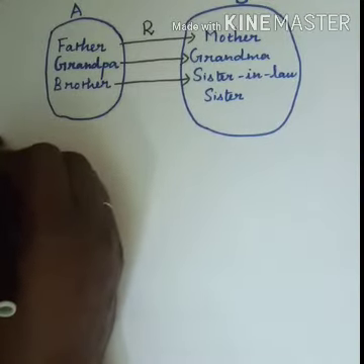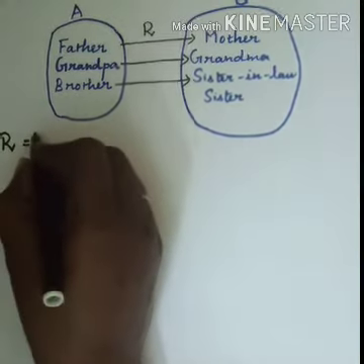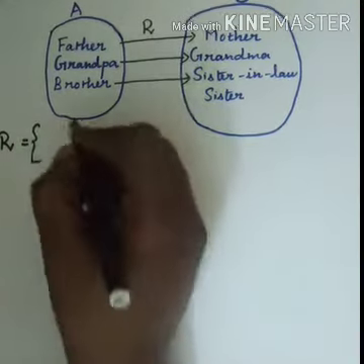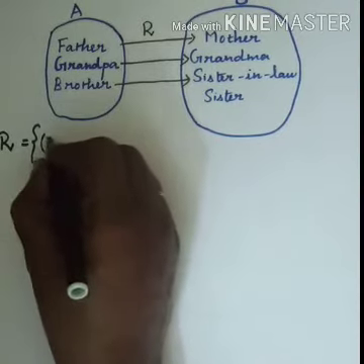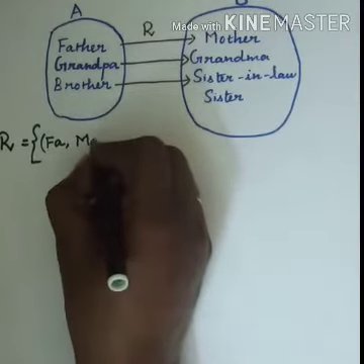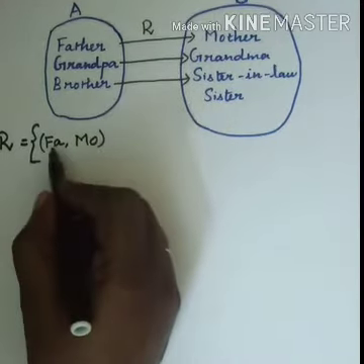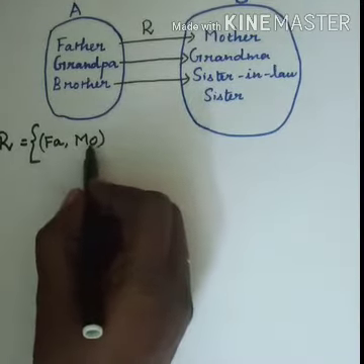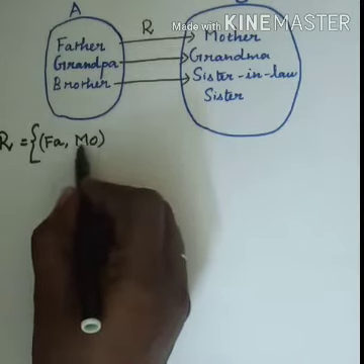So relation R is equal to, the pairs are father comma mother. Instead of writing father, I am writing FA, and instead of writing mother, I am writing MO.